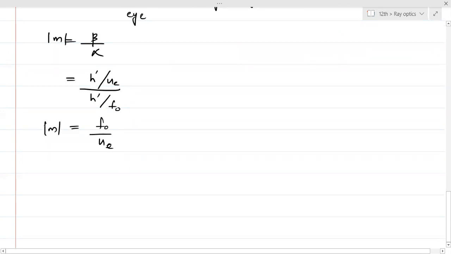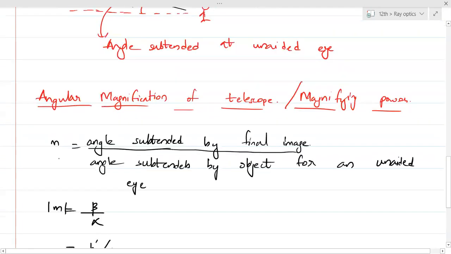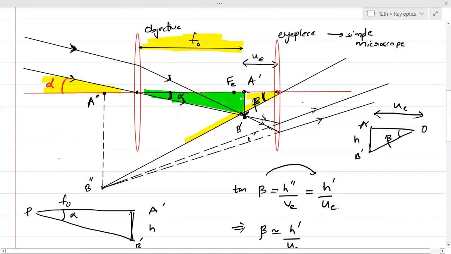Now I'm taking it as the magnitude of angular magnification. So here angular magnification is negative or positive? Looking at the ray diagram, the ratio of beta by alpha will be negative or positive? Look at the angles and tell. Negative or positive?